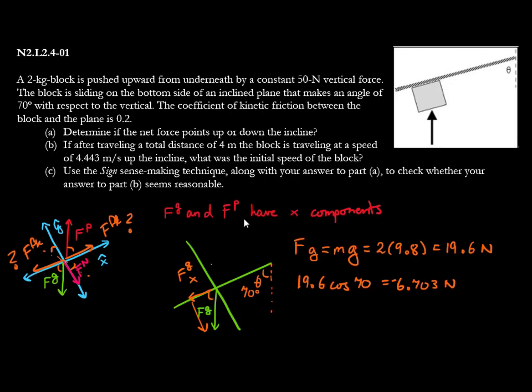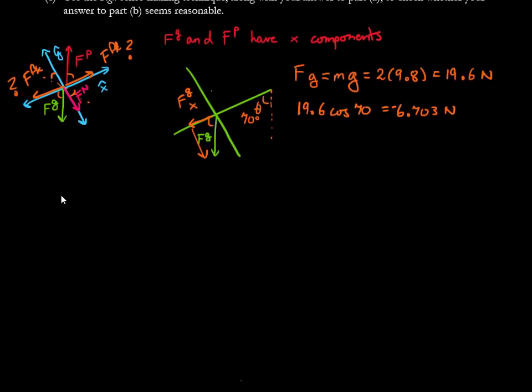Now let's look at the force of the push upwards. So the push force was directly upwards, and we found that this is 70 degrees, and it's also going to have two components. It's going to have an x component and a y component. And this is Fpx. This is what we want to find.